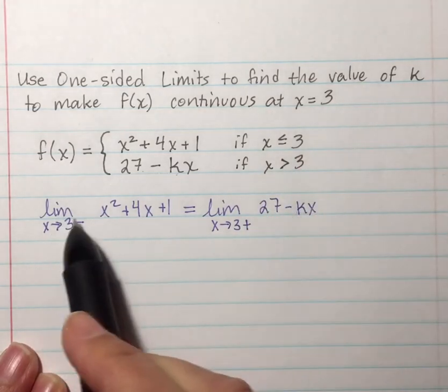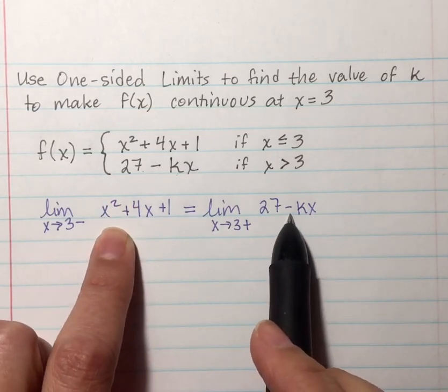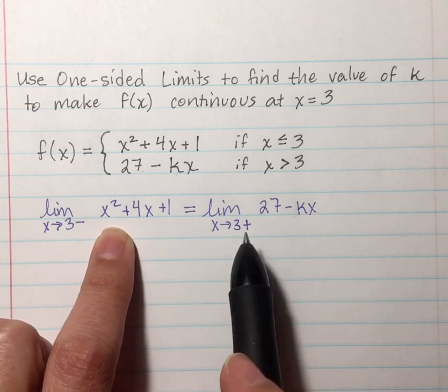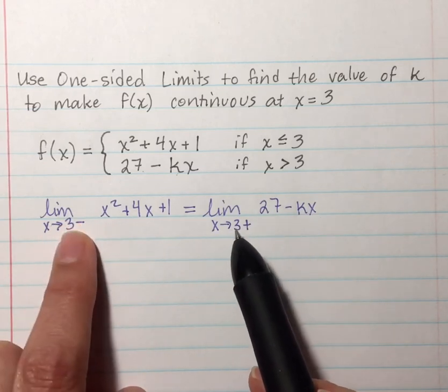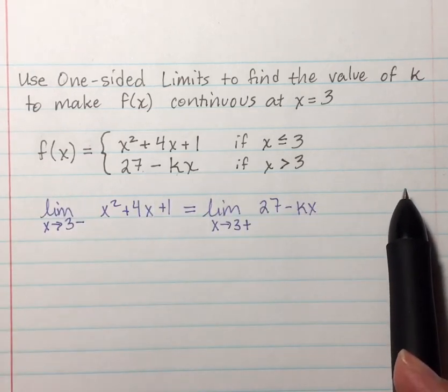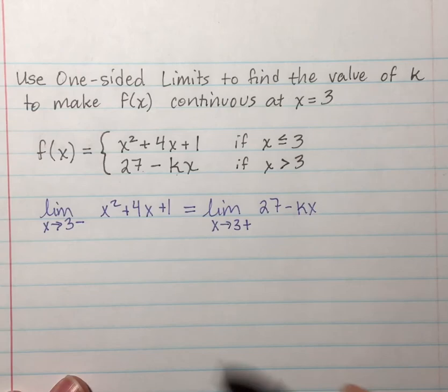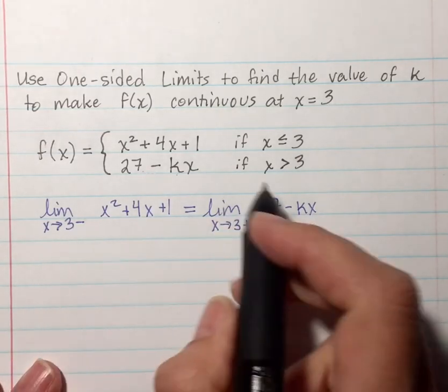This notation is really important. These two things aren't equal to each other except for approaching 3 from both sides. That's the key thing. If you leave the limit notation out, you're not really telling the truth. Now we can find those limits, so we'll plug in those 3's.